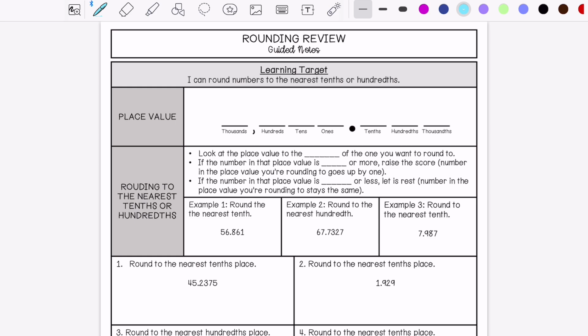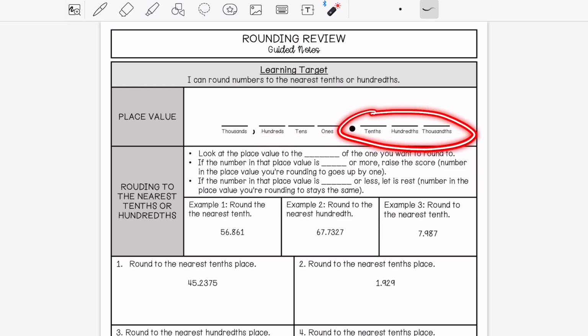So the first thing we need to go over when we're talking about rounding is place value. I often have to remind students about place value. These are kind of the common ones that we see. We don't see too big of numbers in science and not too big of numbers in math. So I am just going to go over, we have the thousands place, hundreds, tens, ones, and this is kind of where they forget.